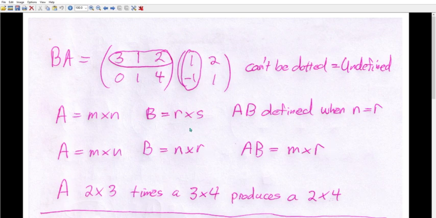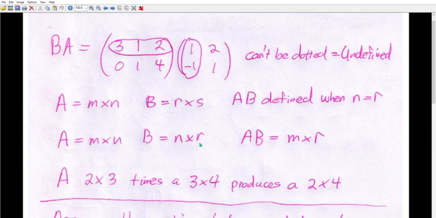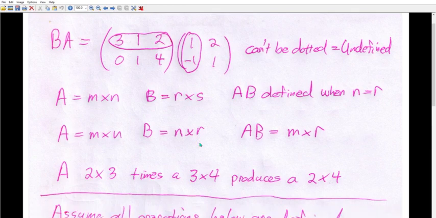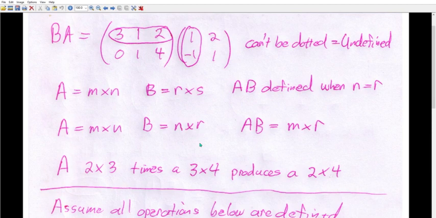And we saw that before when we multiplied a 3 by 2 times a 2 by 2, we ended up with a 3 by 2. The number of rows in A and the number of columns in B. So a 2 by 3 times a 3 by 4 will produce a 2 by 4.